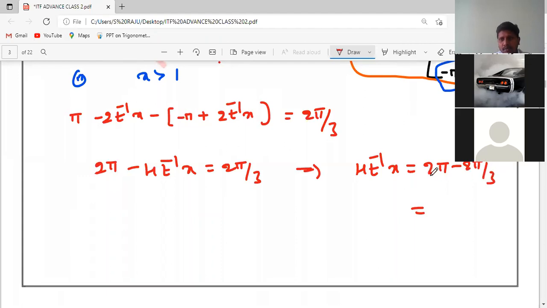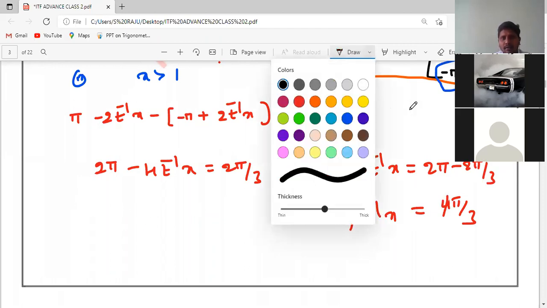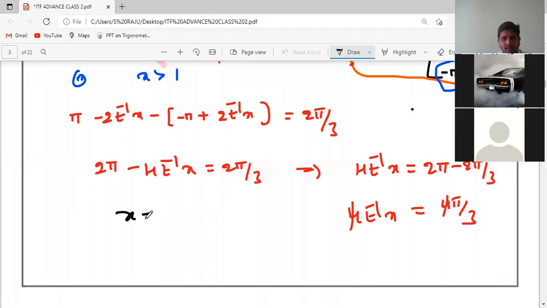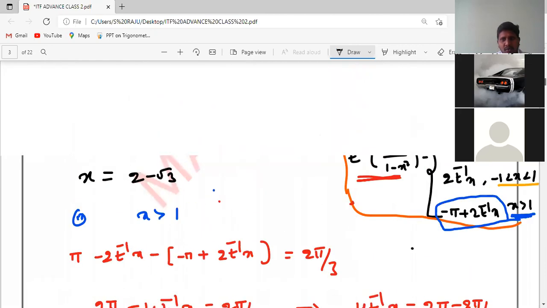Take LCM, 6 minus 2, 4 pi by 3. So 4, 4 get cancelled. So tan inverse x is equal to pi by 3. Then what is x? Tan pi by 3. What is tan pi by 3 value? Root 3. Correct.